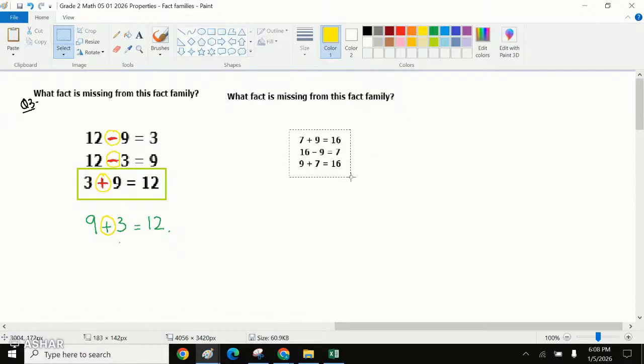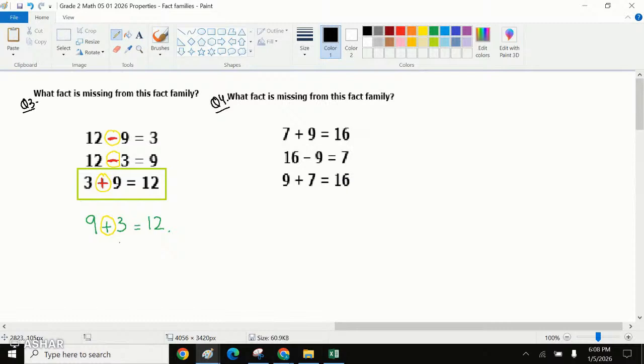Okay, I'll just change the size so it's readable. So question number 4 is asking us to find the missing statement. So can we see which is missing? A positive is missing or a negative is missing? I don't need the answer. We're just looking at which statement is missing.